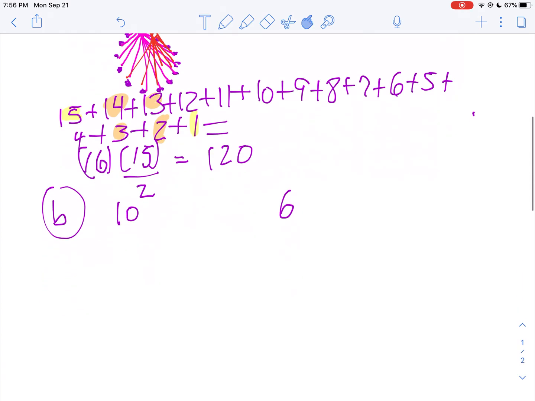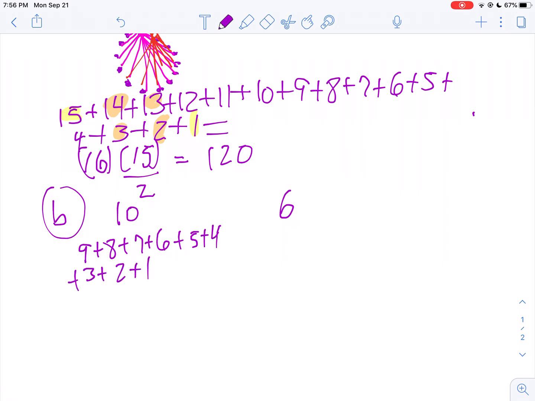For the circle of 10, remember, we don't start with the first number. It'd be 9 plus 8 plus 7 plus 6 plus 5 plus 4 plus 3 plus 2 plus 1.